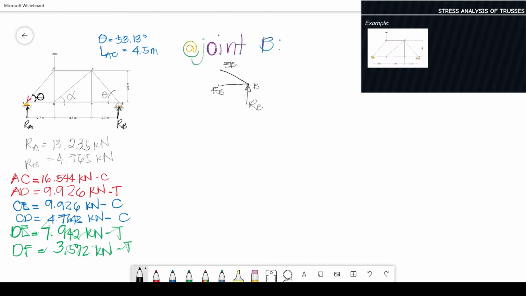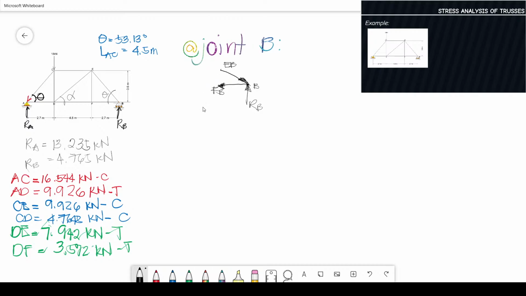So again, with the assumption, since this is paigbaw, the only one yung vertical is a D na EB. So this is most likely paubos or na-compression. Then since pa right na iya, so pa left kita nga D. Diba? Ganun lang ang iya pag-assume. Okay? So this is again joint B. So our RB is 4.765.